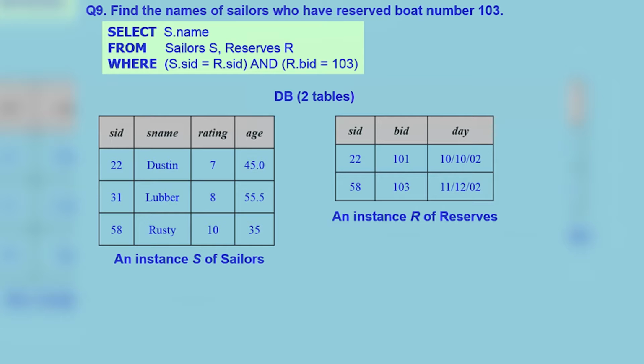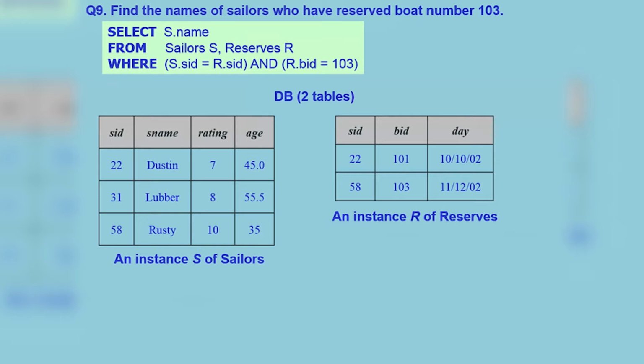Select s.name from sailors s, reserves r where s.sid is equal to r.sid and r.bid is equal to 103.